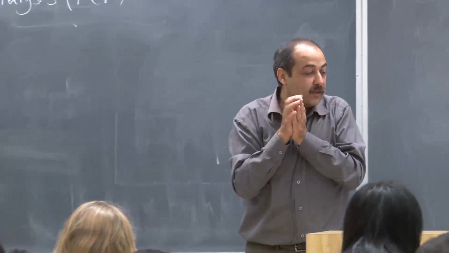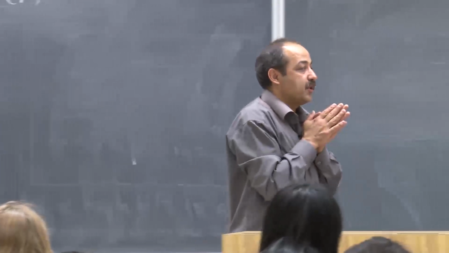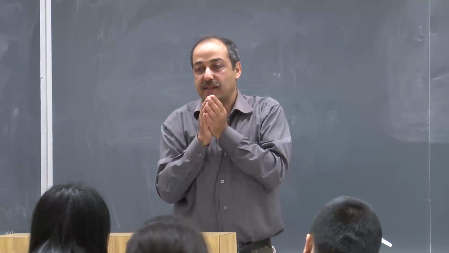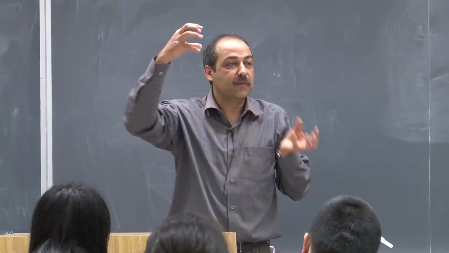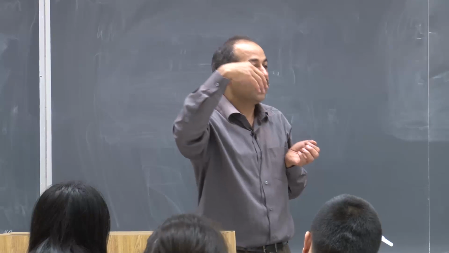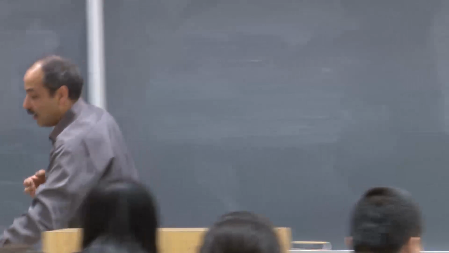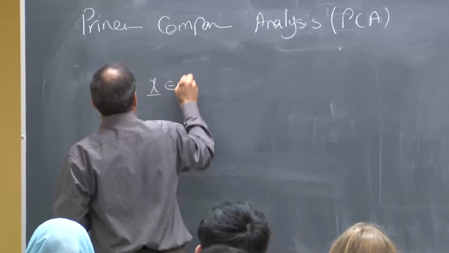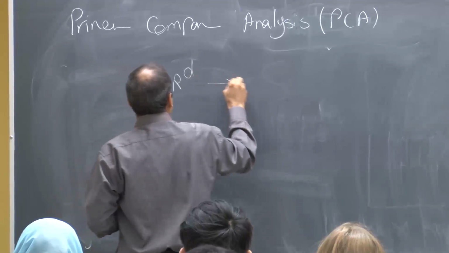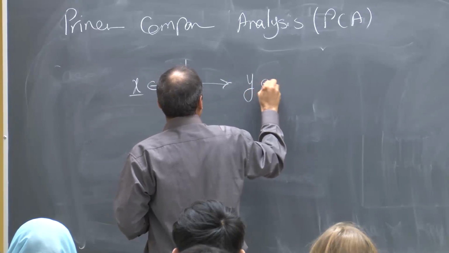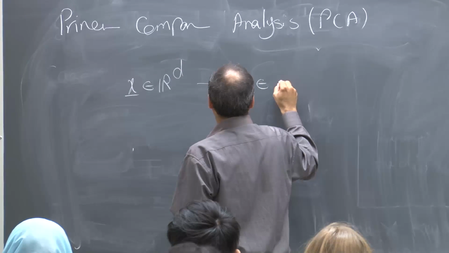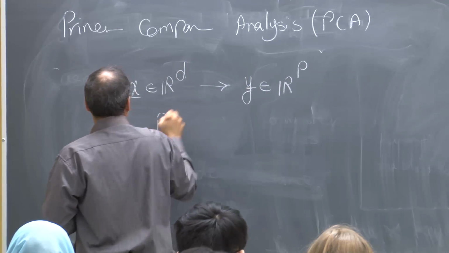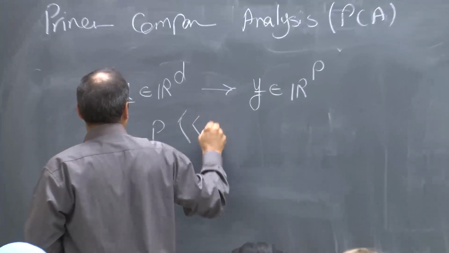Okay. So PCA is a method of dimensionality reduction as well. It's a method which classically is used to reduce the dimensionality of data. You have data in d-dimensional space, and PCA takes them to a new space such that they are p dimensional, where p is usually way less than d.